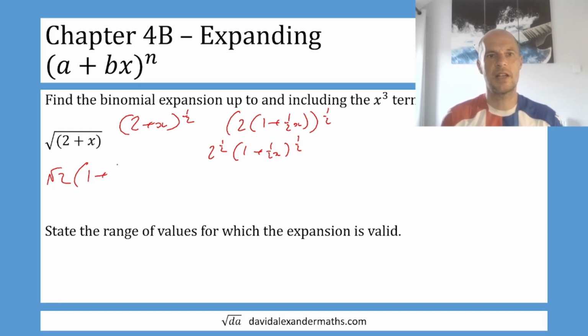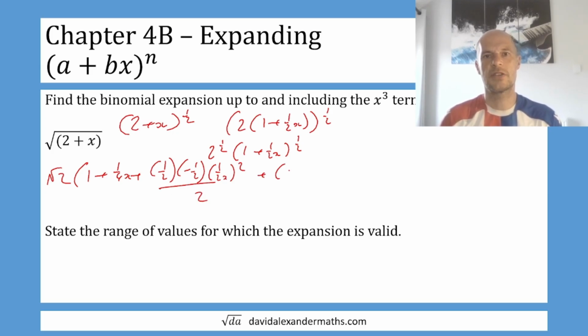So that's 1 plus 1/4 x plus (1/2 times minus 1/2 times (1/2 x) all squared) all over 2, plus (1/2 times minus 1/2 times minus 3 over 2 times (1/2 x) all cubed) over 6.